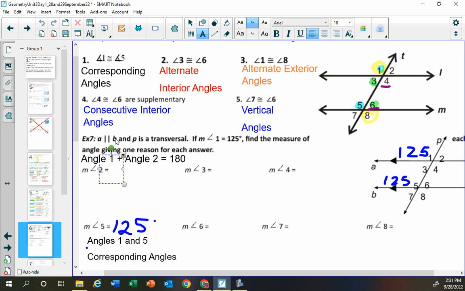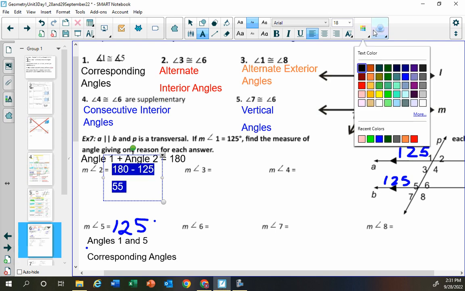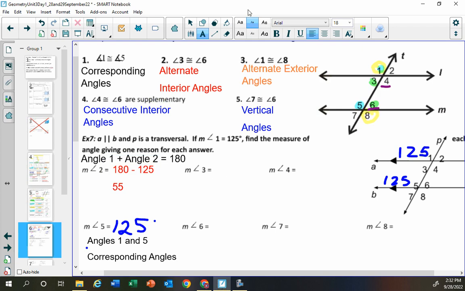Angle 2 is going to be 180 minus 125, which is 55 degrees. Yes. So if number 2 is 55, number 6 is going to be 55.